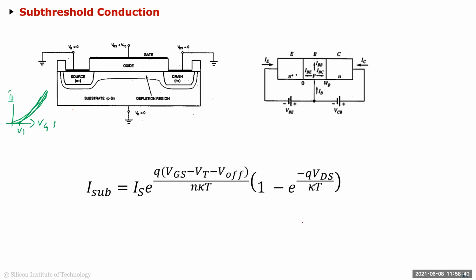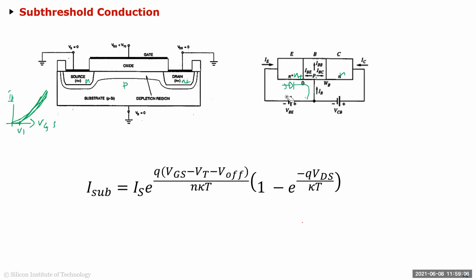So I've shown a BJT here. Basically this is your N, P, N. So you have an N plus region, N and P. In this case, we have N plus, P, N plus, but it still looks like a BJT. If you remember how a BJT operates, you forward bias this diode.